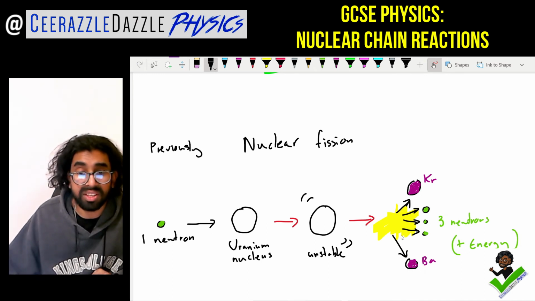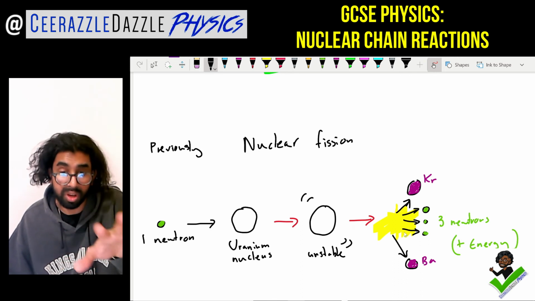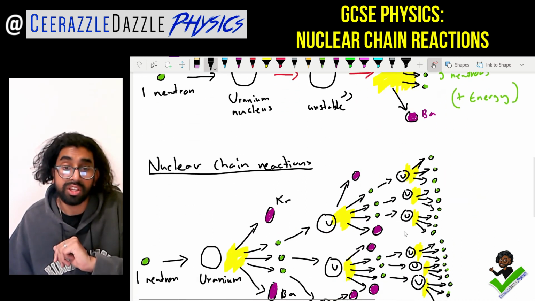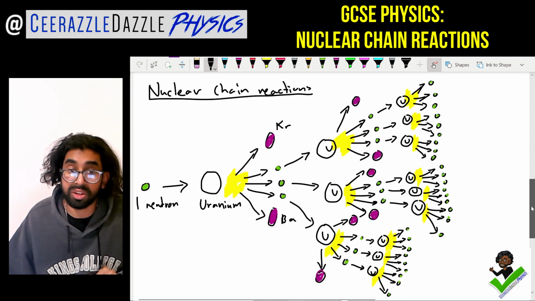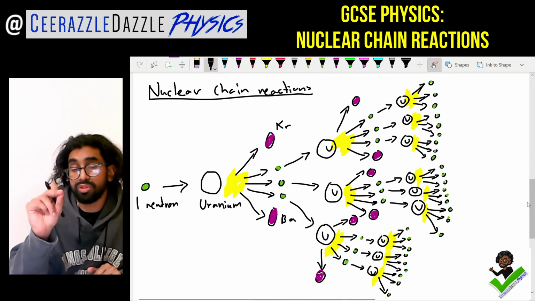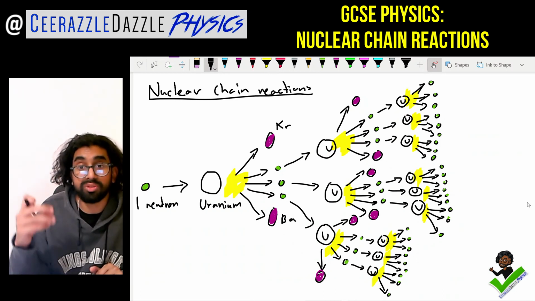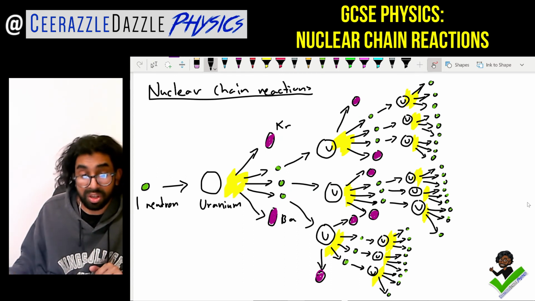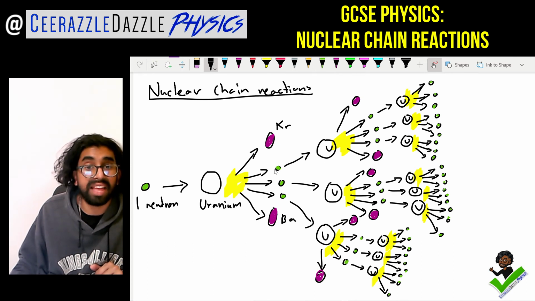Right, from here, guys, we said, what about a chain reaction? So we can get a chain reaction occurring from this whole process. So we can see that, look, if we were to take those excess neutrons and fire them into other uranium nuclei, they will then split themselves, releasing more neutrons. So look, on the left-hand side, 1 neutron coming in, goes into the uranium, it then splits, releasing krypton and barium and the 3 neutrons.